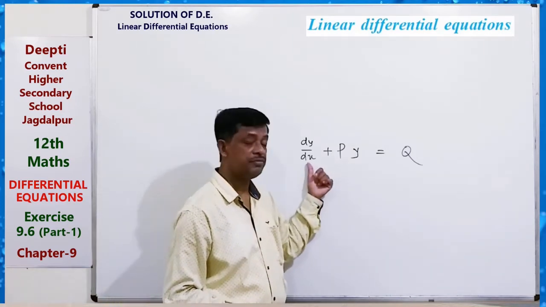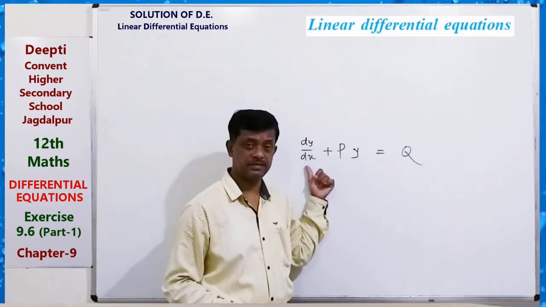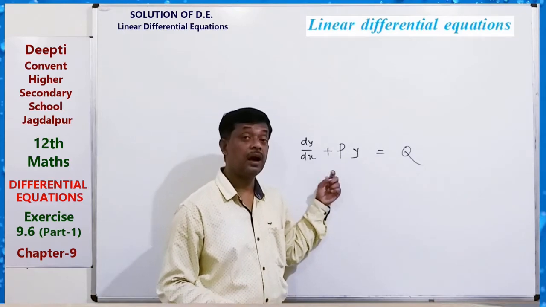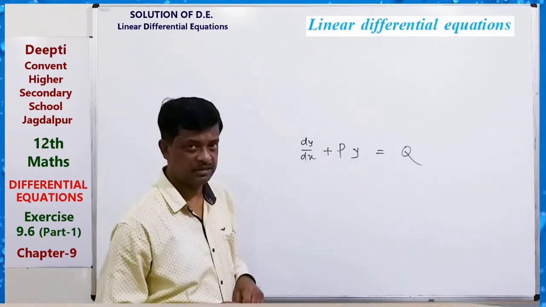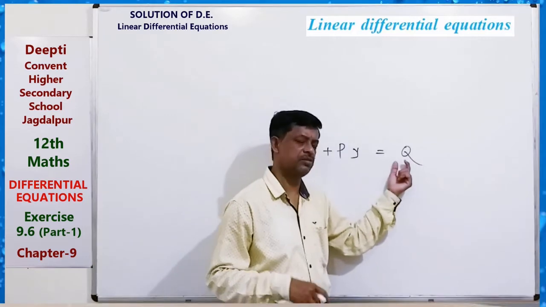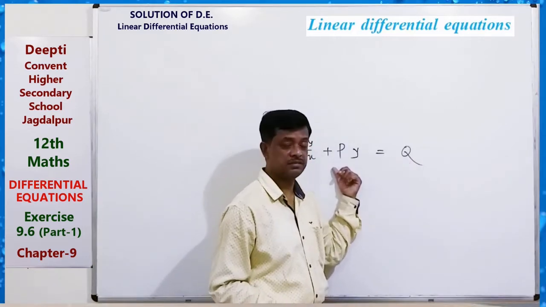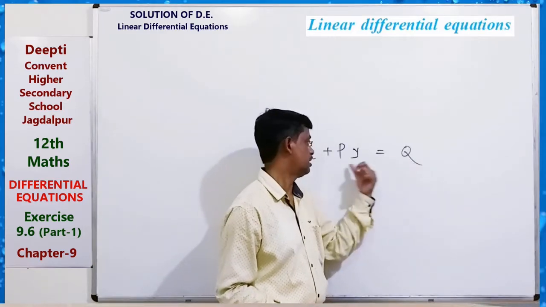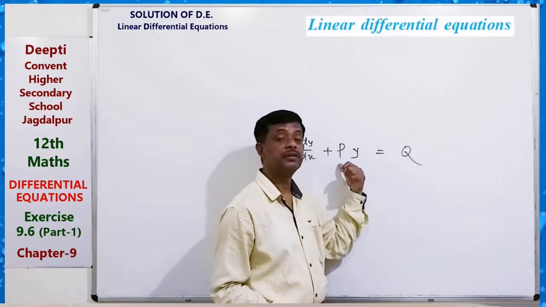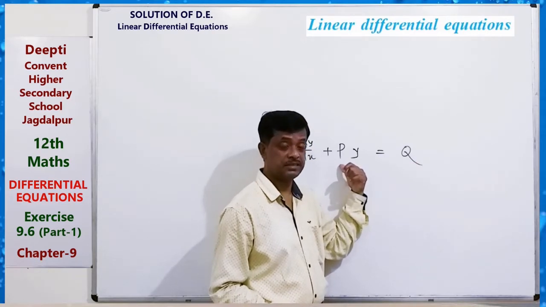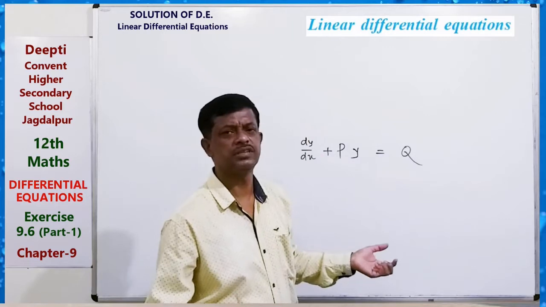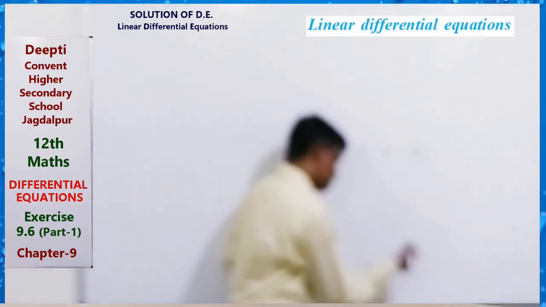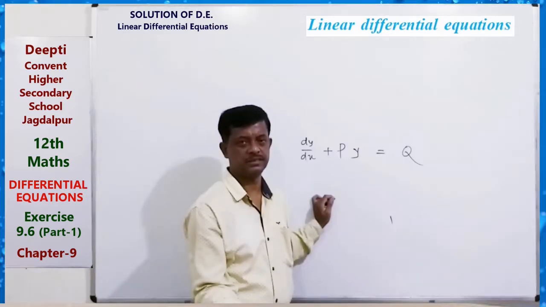Maybe q is a function of x or not, but p is a function of x. It may be a constant also. In general, we say function of x, because 1 also can be taken as a function of x.